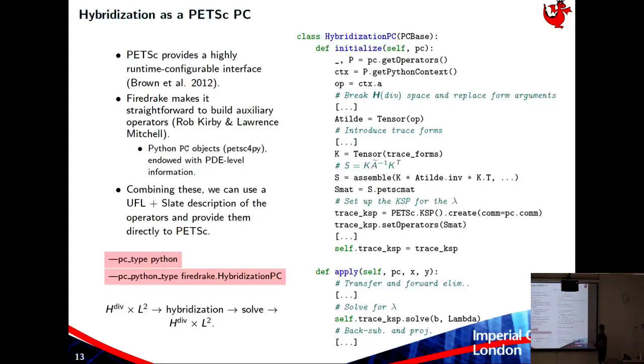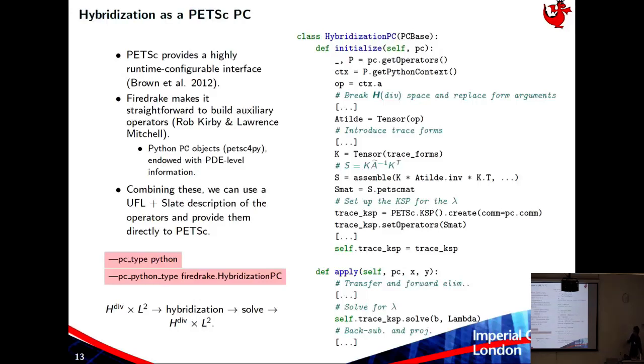So introduce your discontinuous variables, get your traces, condense. I'm setting up my operator here by condensing out the interior unknowns with this expression. I now get a Schur complement operator, and I create a KSP for that. It's the only KSP you'll need. And then in the application of this preconditioner, you execute the static condensation, you solve the global trace system, and then you do the backwards reconstruction, and that gives you your approximation.